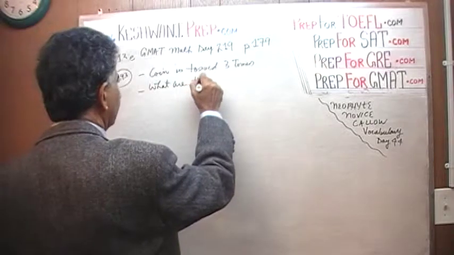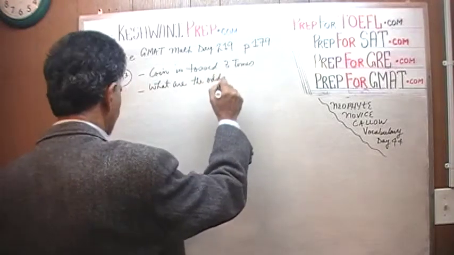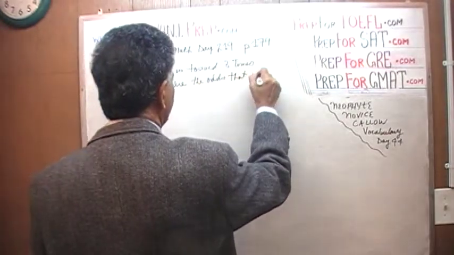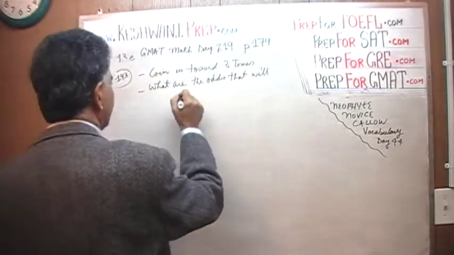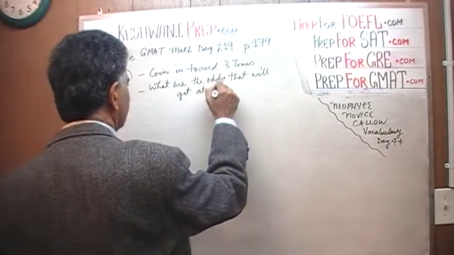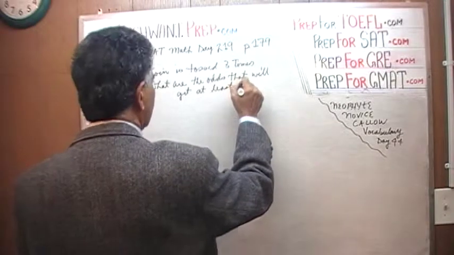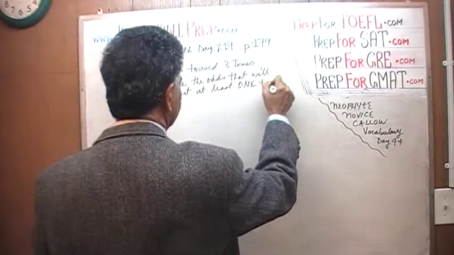What are the odds that we will get at least one tail?